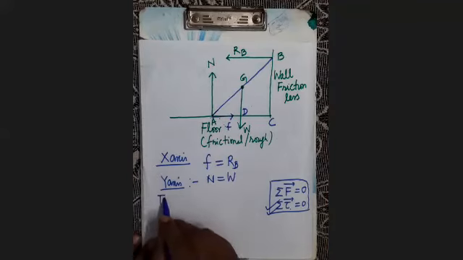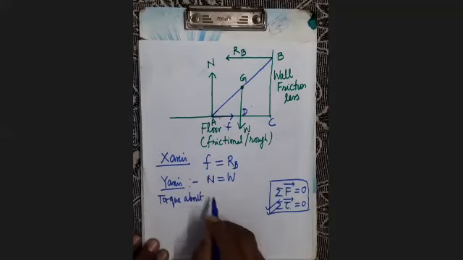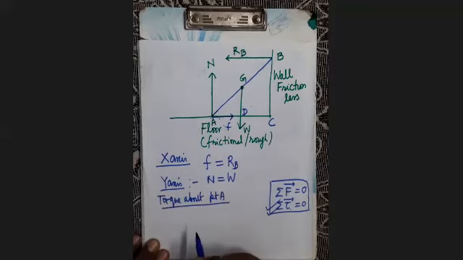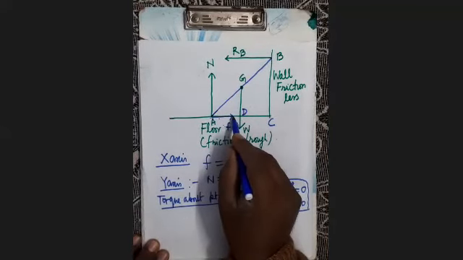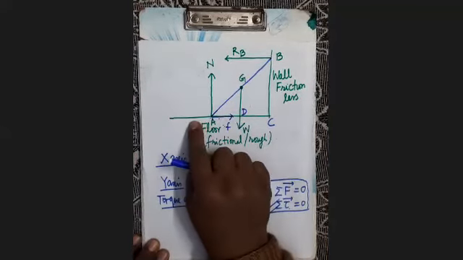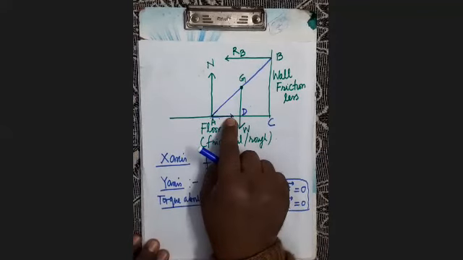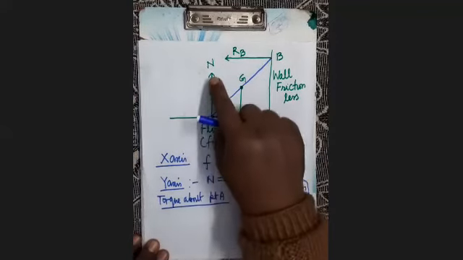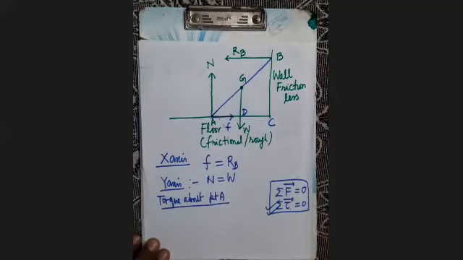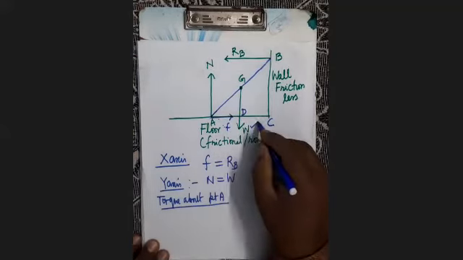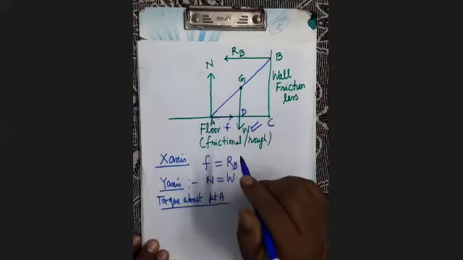Torque about point A. You can see here, when you determine the torque about point A, small f will not produce any torque about point A because its line of action passes through A. Capital N will also not produce any torque because its line of action is passing through A. W will produce the torque about the point A, and in what direction?